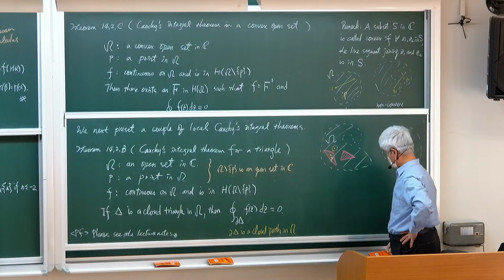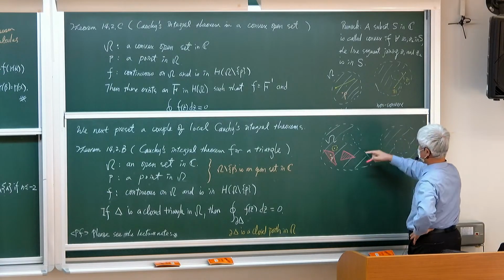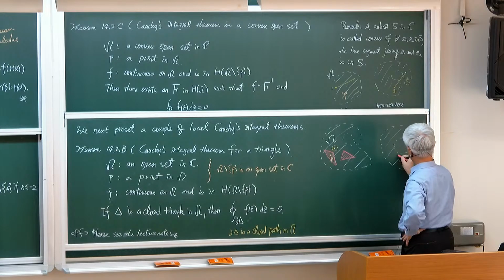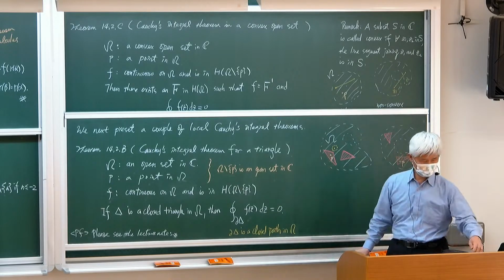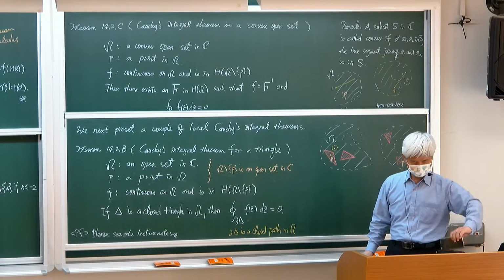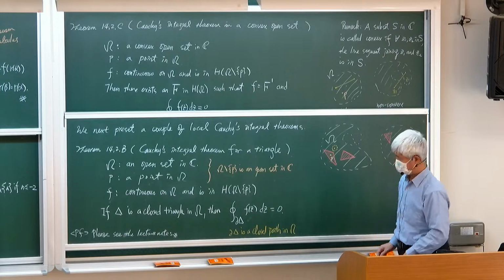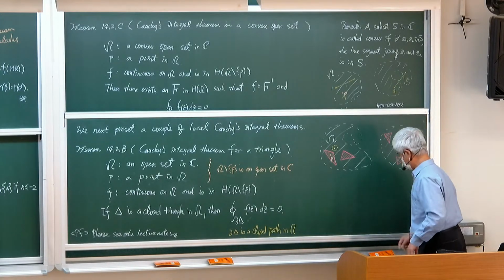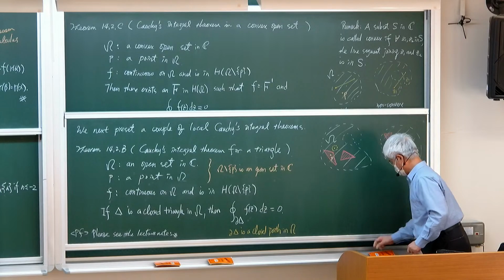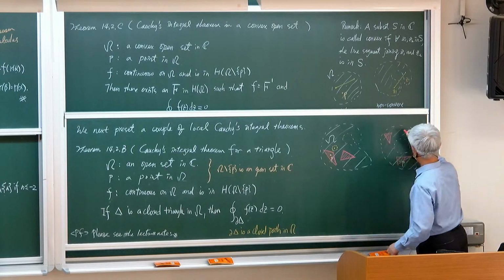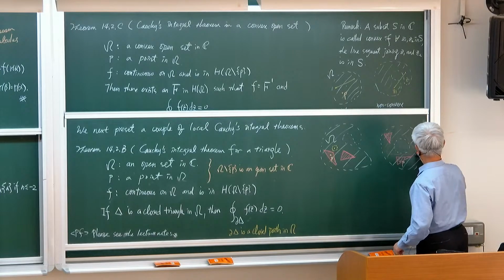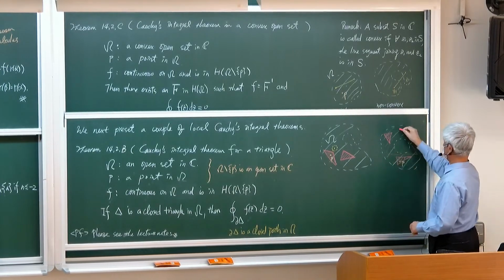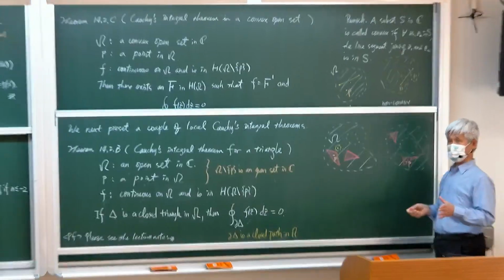And the triangle should be here or there. But you can't consider a triangle like that, even though the three sides, the boundary, is in omega.